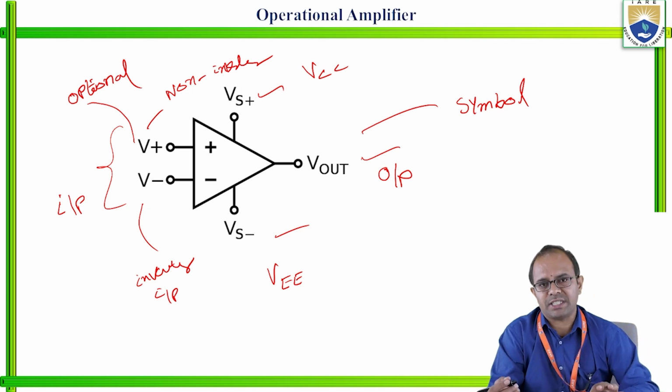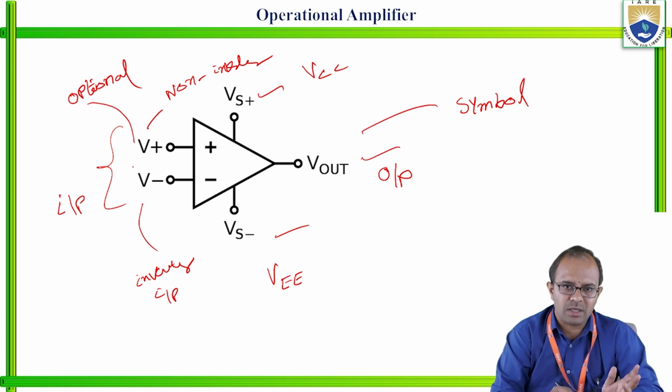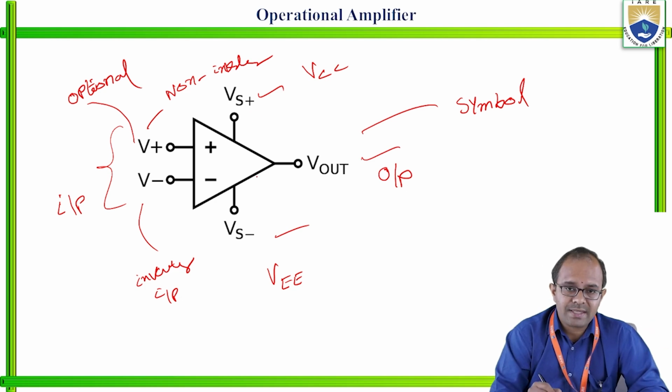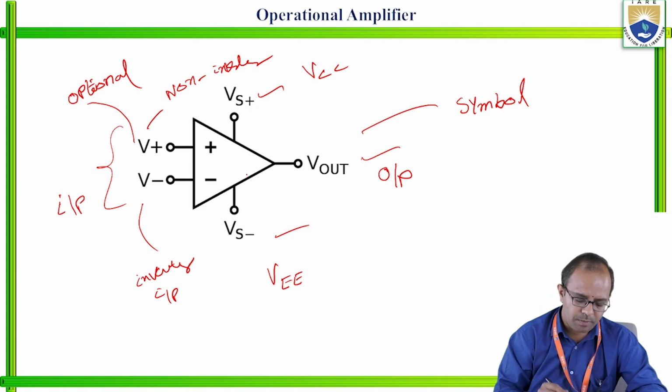So providing both inputs is not strict. You may provide any one or you can provide both. Whereas biasing is strict. You have to provide both the positive bias as well as the negative bias.